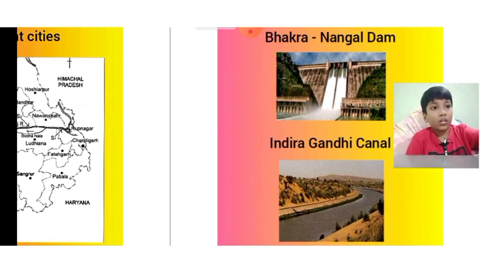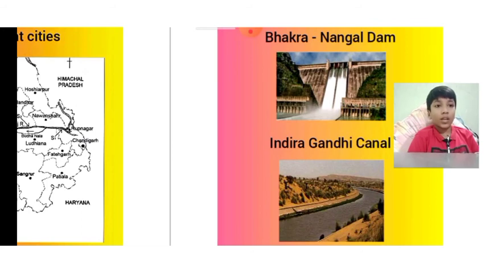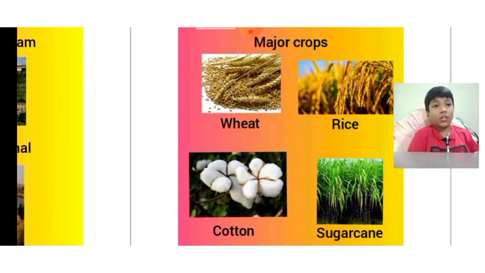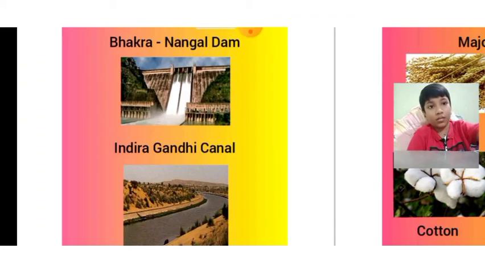The government has built Bhakra Nangal Dam and Indira Gandhi Canal. And we saw some important crops grown in that place: wheat, rice, cotton, and sugarcane.